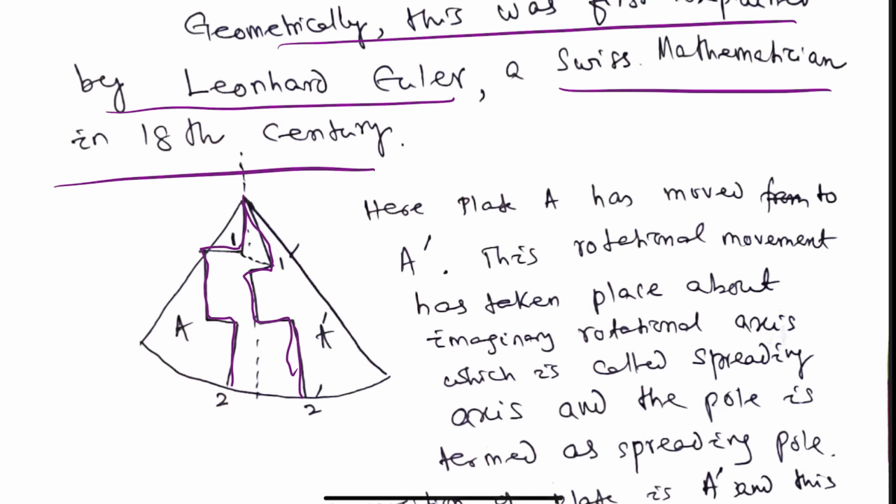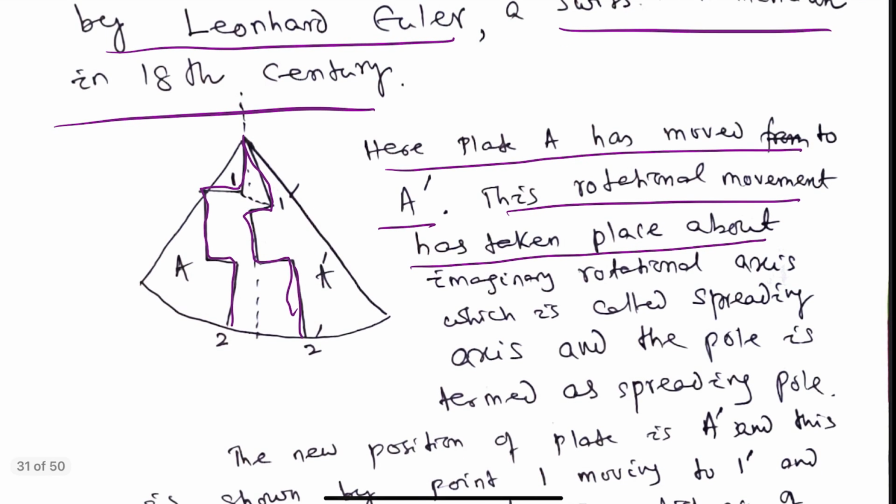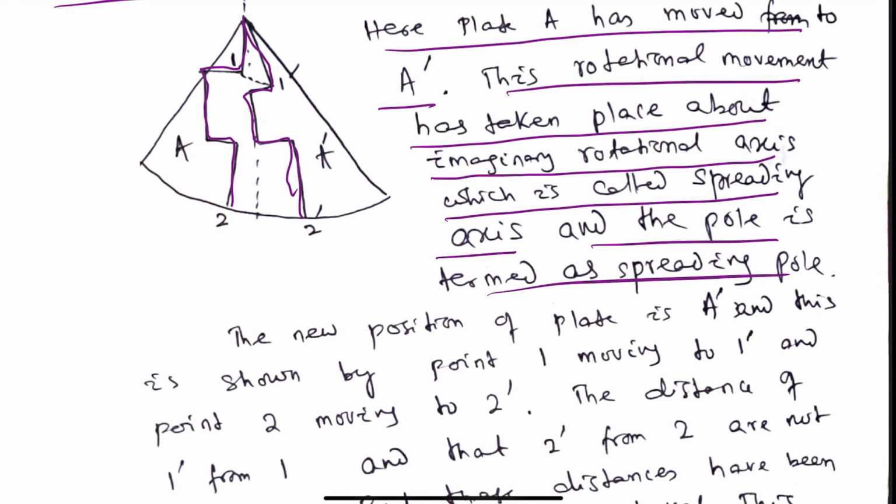So what happens to the axis and to the equator of rotation? Let us discuss. The plate A has moved to A dash. This rotational movement has taken place about an imaginary rotational axis, which is called the spreading axis, and the pole is termed the spreading pole.